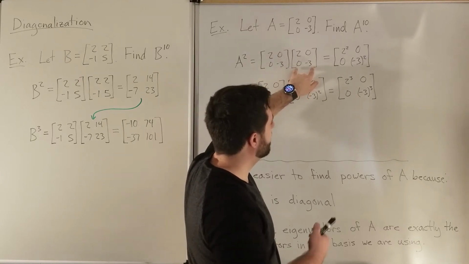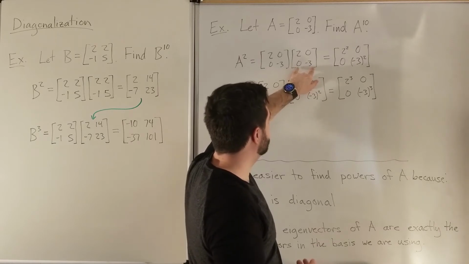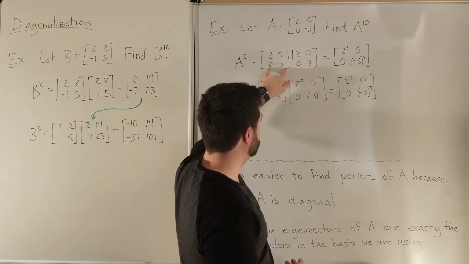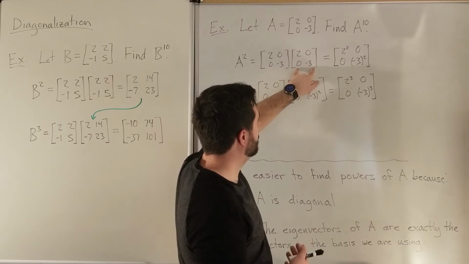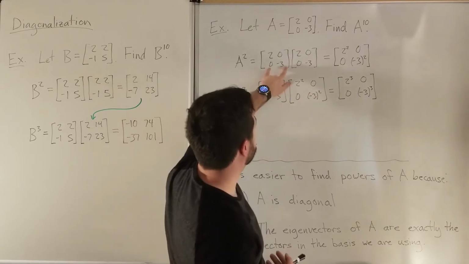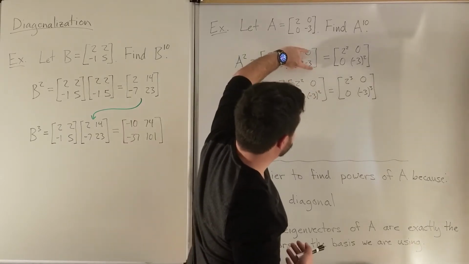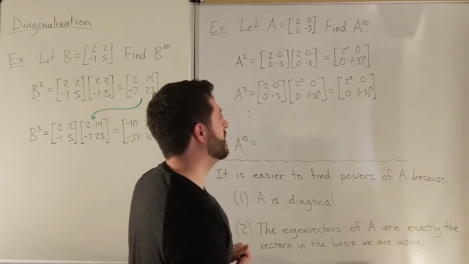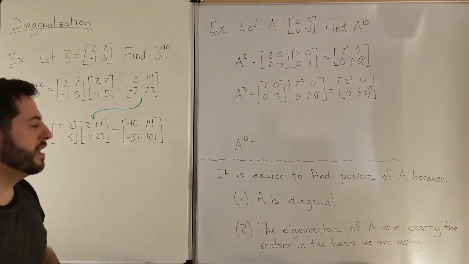The next diagonal entry comes from 0, negative 3 dotted with 0, negative 3, which gives us negative 3 squared.